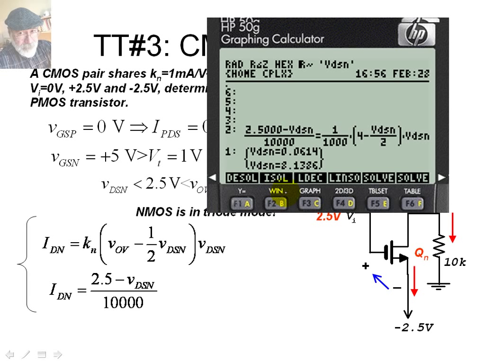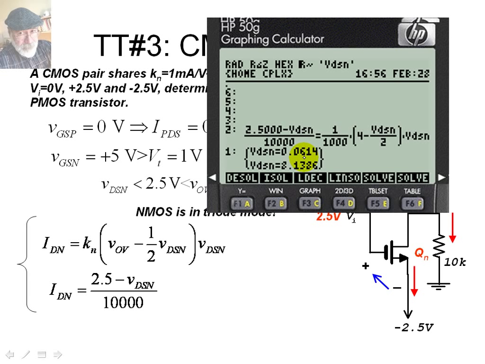Which one is correct? Immediately we realize that the 8 volt solution is not realistic. If this current were 8 amps, that would mean that the voltage VDS would be negative. That means that the transistor is delivering power in here, and that is not what happens. This is just a resistor in the eyes of the rest of the circuit.